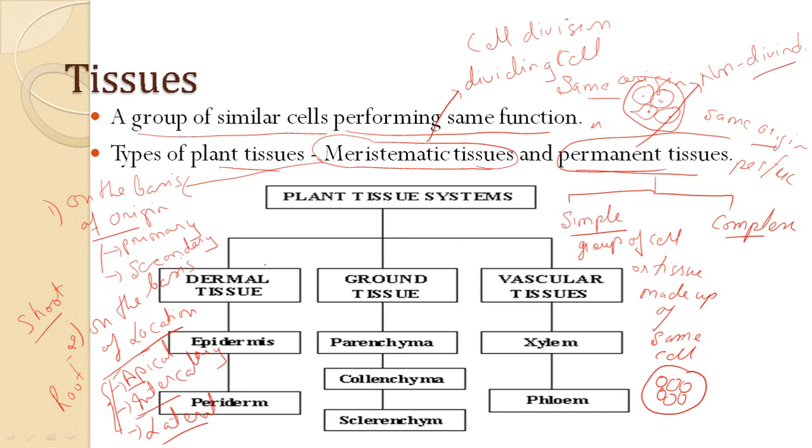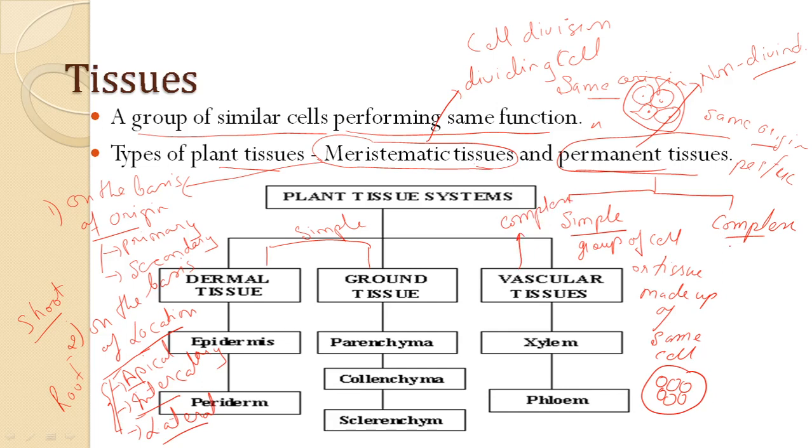Permanent tissues are found in the outer area, which is called dermal, and in the middle area, which is called ground tissue. Both of these belong to simple permanent tissue, and the vascular tissues are complex tissue.